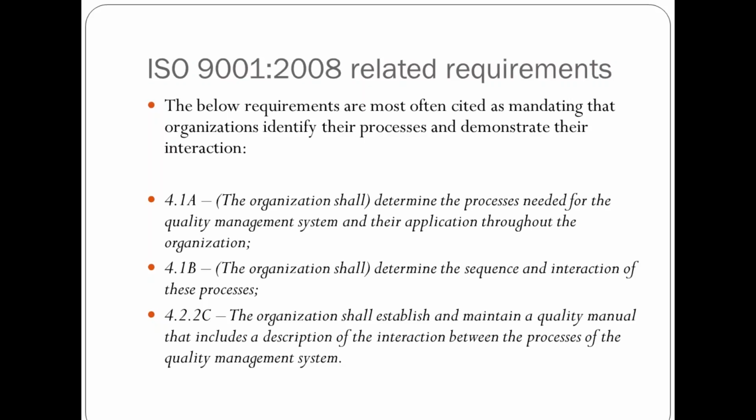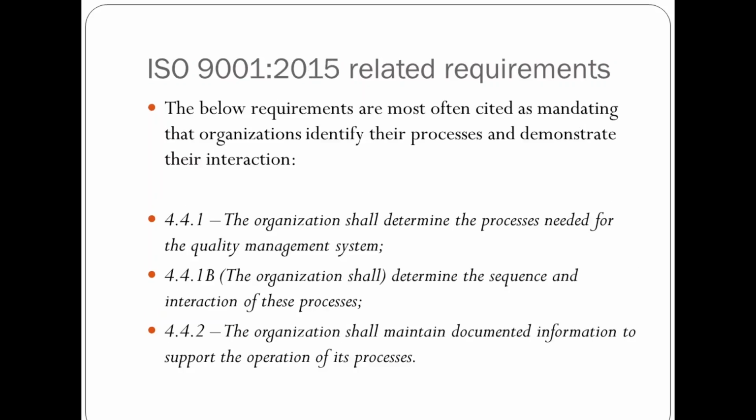Now, if we turn our attention to ISO 9001:2015, the requirements are quite similar, and they're all taken from section 4.4. In 4.4.1, it again states that the organization shall determine the processes needed for the quality management system. In 4.4.1 subclause b, it states that the organization shall determine the sequence and interaction of these processes.